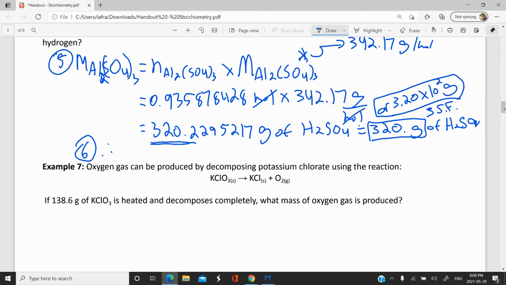So therefore, 320 grams of H2SO4 could be produced. And so that there is your final answer when it comes to what mass could be produced.